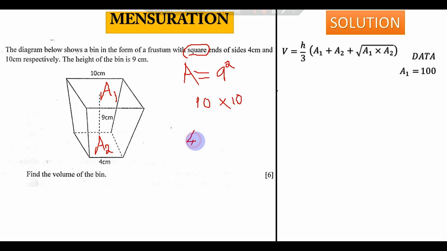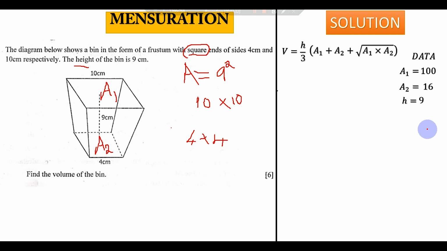So it will be 4 times 4, which will give us what? Good, it will give us 16. So area 2 is 16, area 1 is 100. Then we have the 9. We said this 9 is the height, but not the complete height for the pyramid. So we'll represent it with small letter h, which is 9.